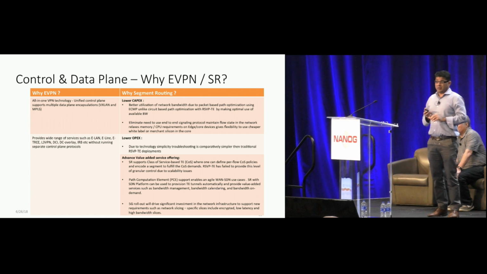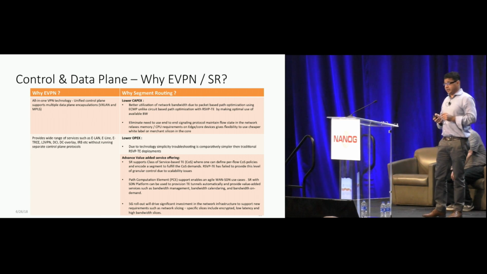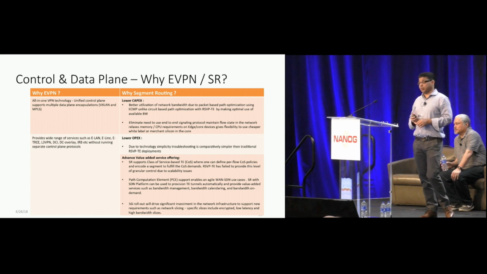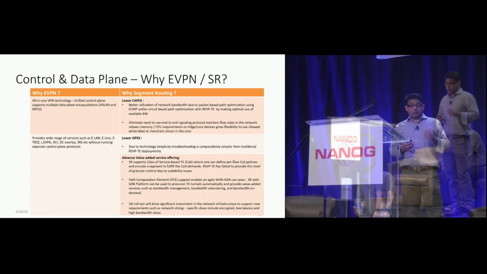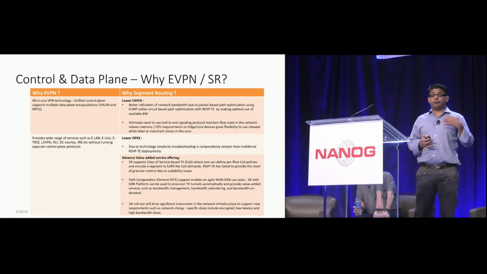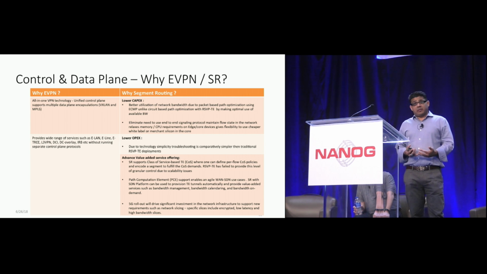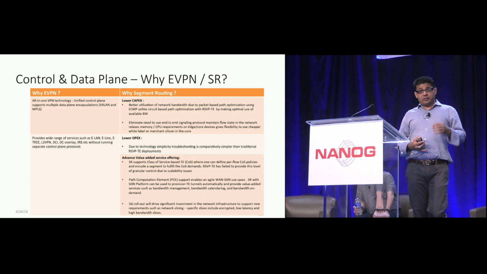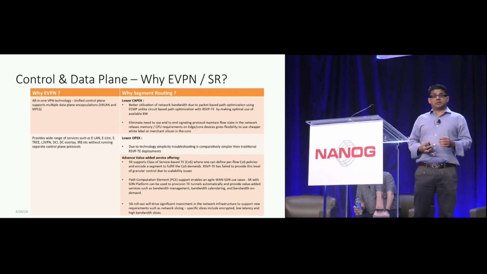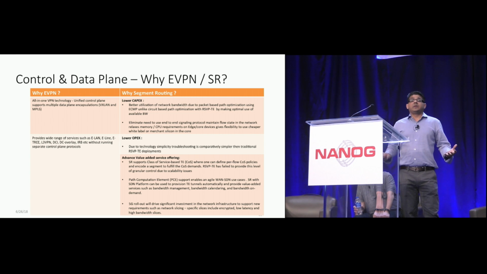Another great advantage that segment routing gives you: traffic engineering is circuit optimized, meaning if you have an ECMP path in your network, you have to create one traffic engineering tunnel per path. So if you have 4 ECMP paths, you need 4 traffic engineering tunnels and map your packets to 4 tunnels. Segment routing being packet optimized, you just create one service policy, and that service policy will take care of ECMP.